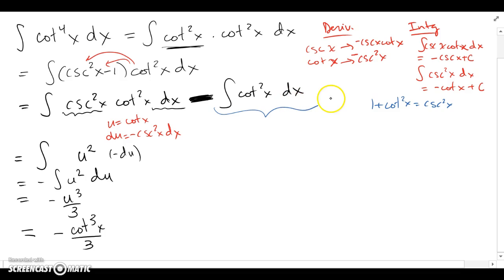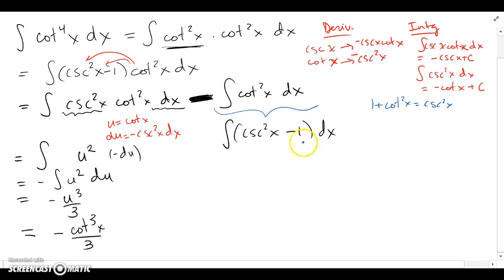And kind of thinking ahead, if I apply it again and I have a cosecant squared as an integral, that's pretty good because I know what the integral of cosecant squared x is. So that's motivation to think, I don't know how to work with cotangent squared x dx if it's just an integral by itself, but if I can get a cosecant squared x in there, then I might be in better shape. So for that reason, we're going to go ahead and apply the identity again.